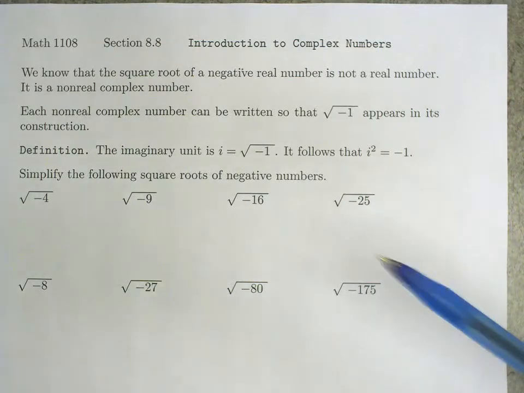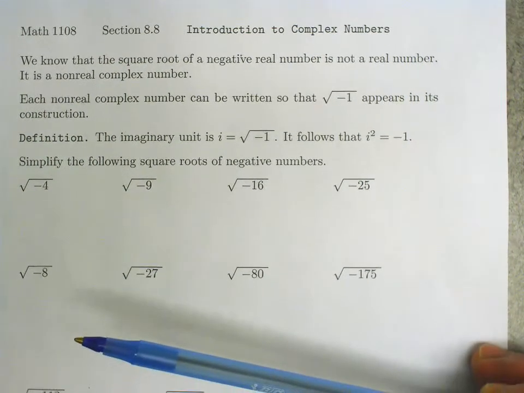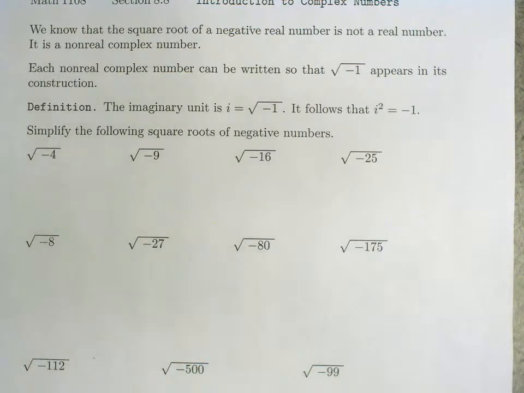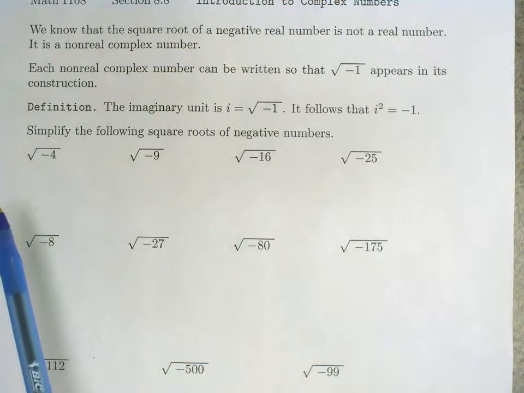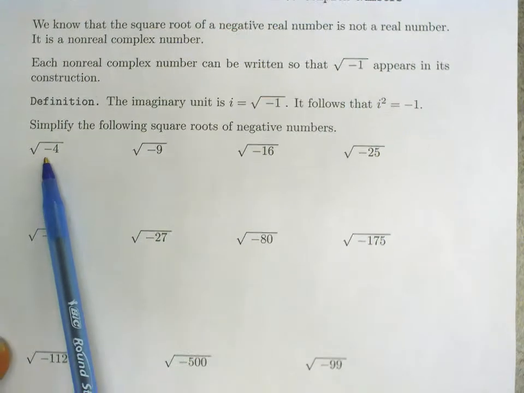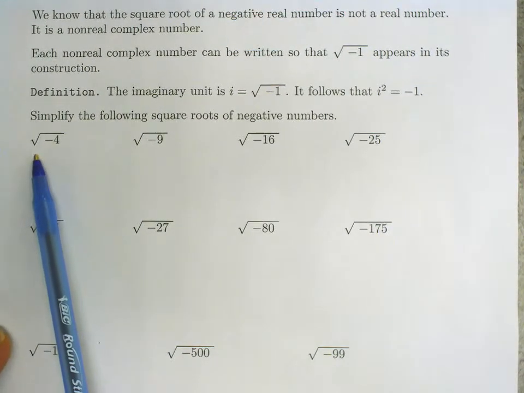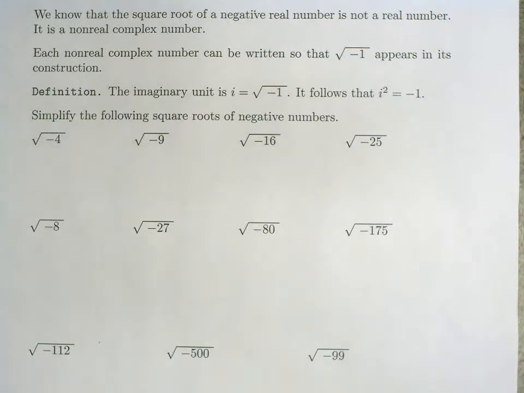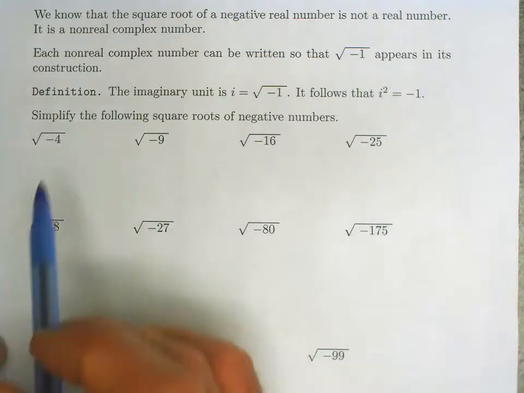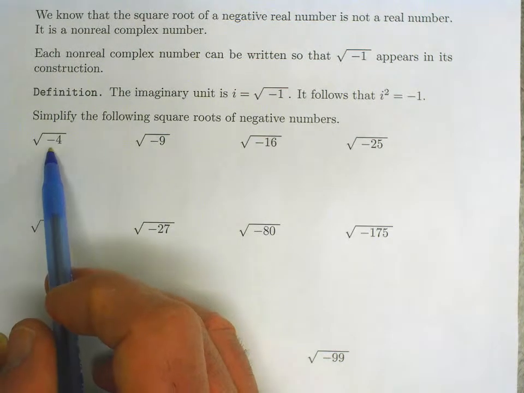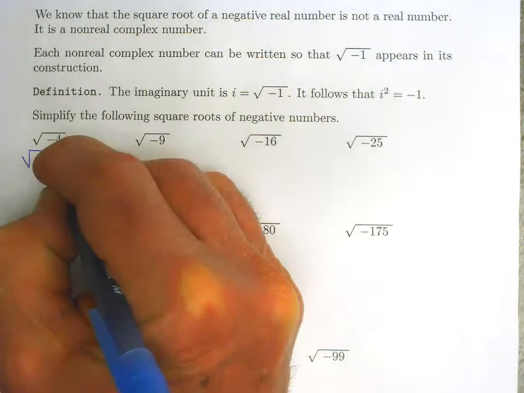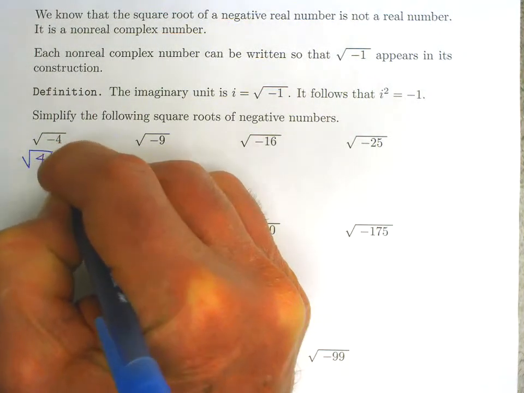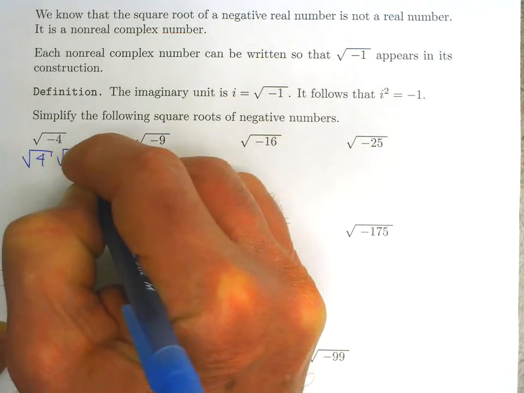Then we can use what we know about simplifying square roots to simplify square roots of negative numbers. Let's start with simplifying the square root of -4. Well, -4 is 4 times -1, so we can think of the square root of -4 as the square root of 4 times the square root of -1.